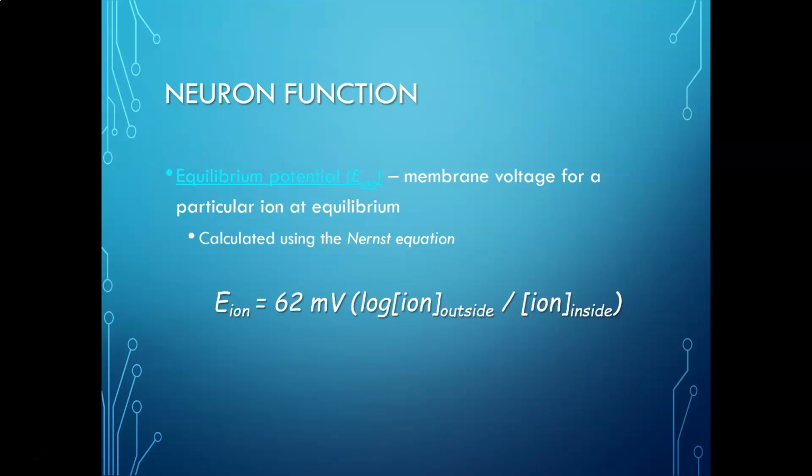So what is this Nernst equation? Its job is to take a look at the particular ion of interest, whether it's sodium, potassium, chloride, or something else, and be able to talk about the membrane voltage that it creates from that particular ion if we're assuming the cell is in fact at equilibrium, meaning it's not sending any sort of signals.